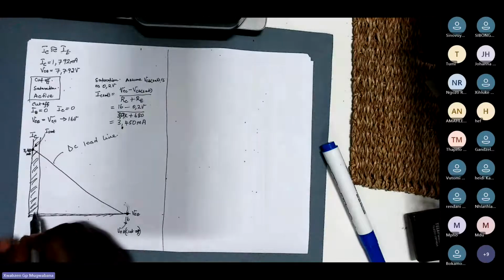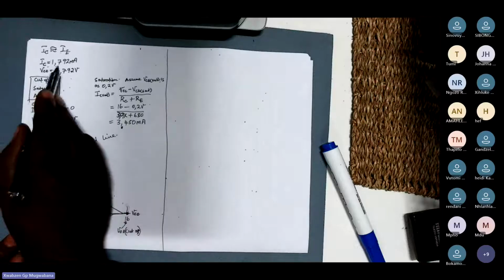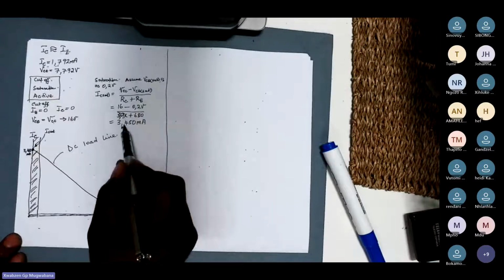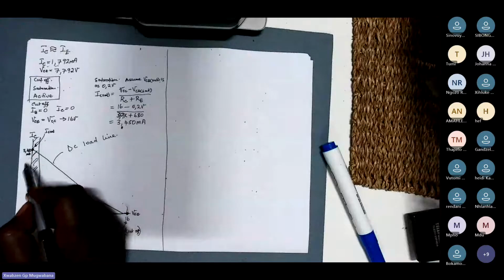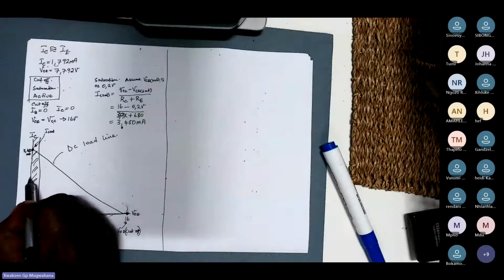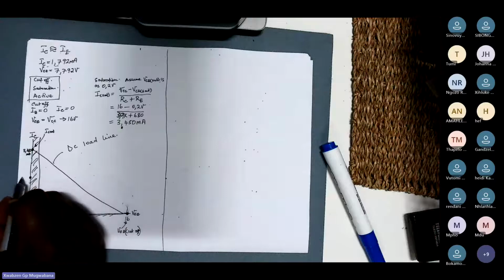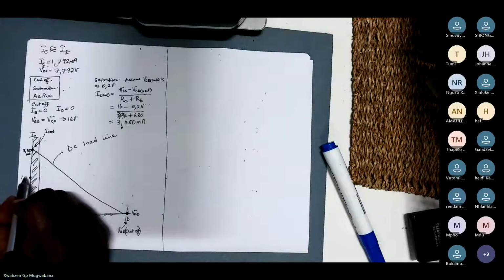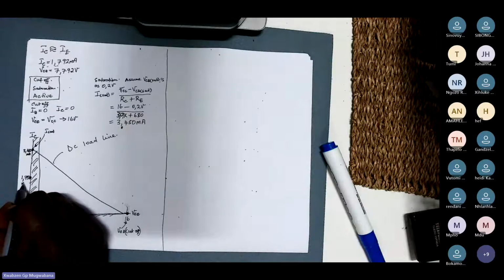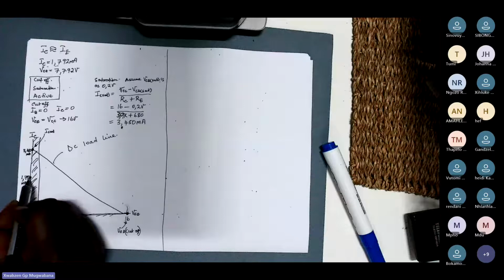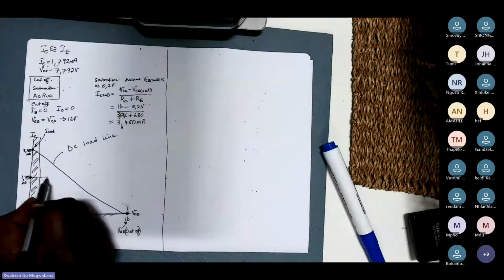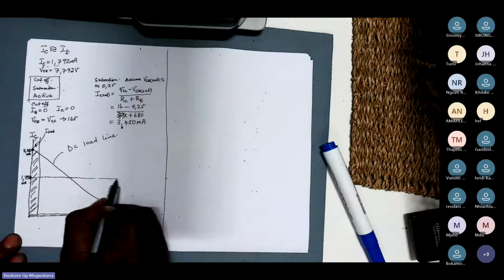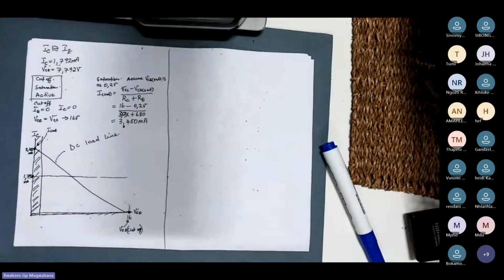Now, your I set is less than this one, so let's say, for example, it is somewhere there, which is 1,792 milliamps. That is the point at which my current is. Am I making myself clear? Do you understand what I'm doing here? Yes.